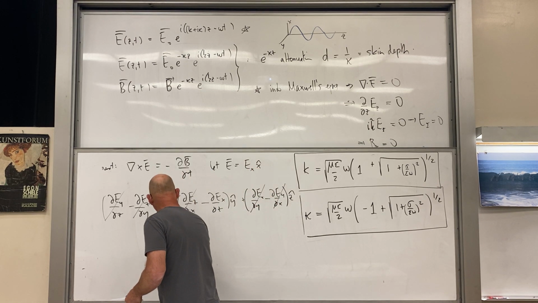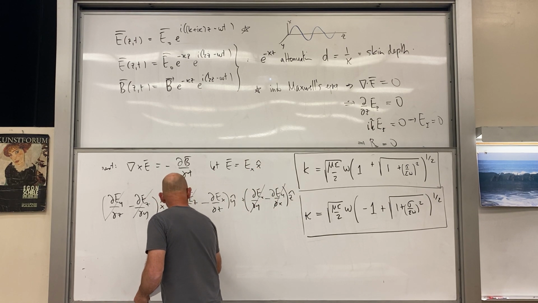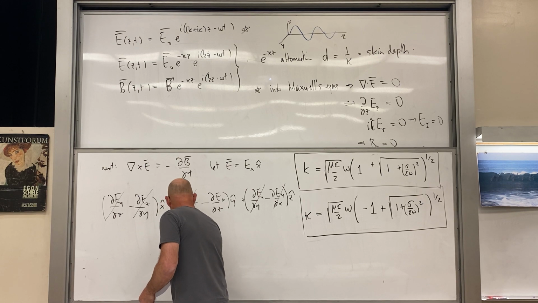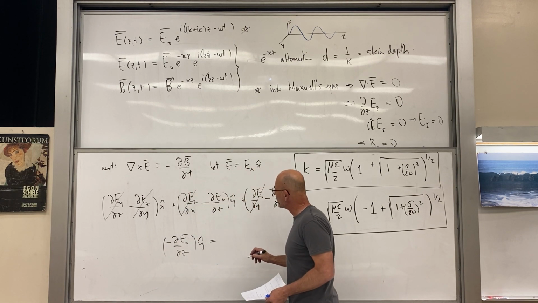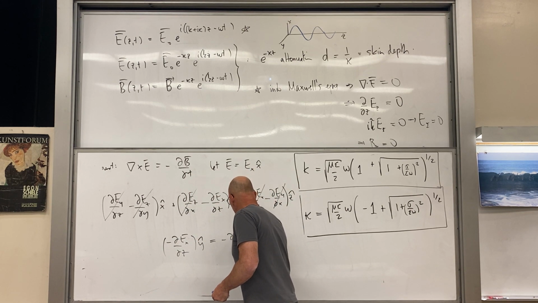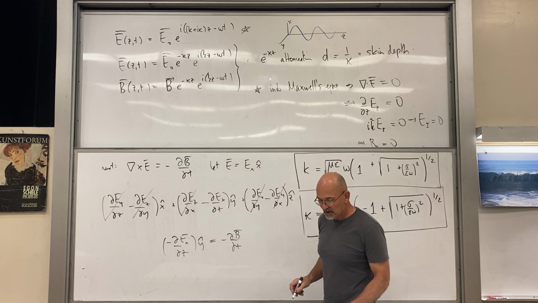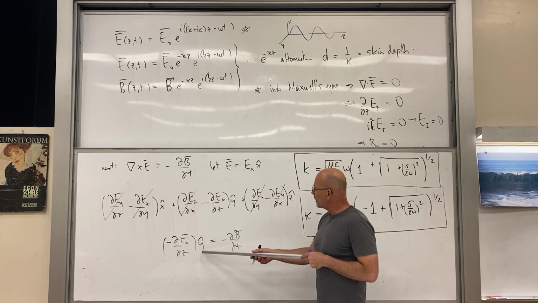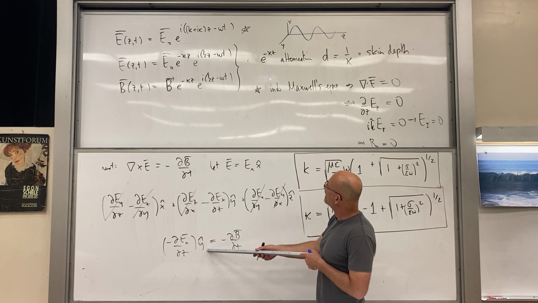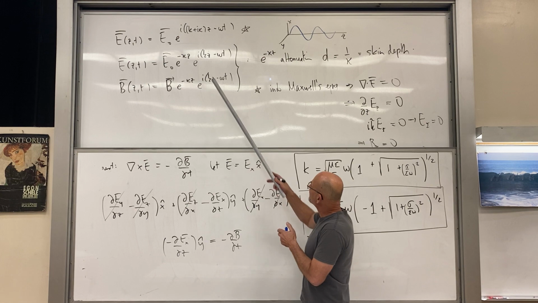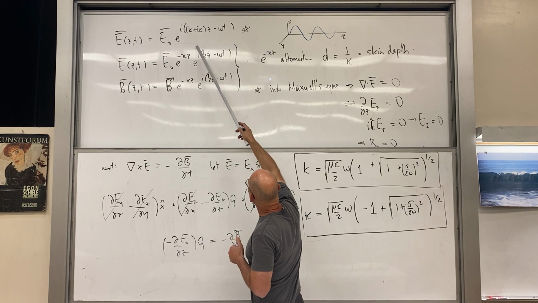So we end up with minus dE_x/dz y hat, and that's equal to minus dB/dt. So here, the derivative with respect to z brings down our k tilde.